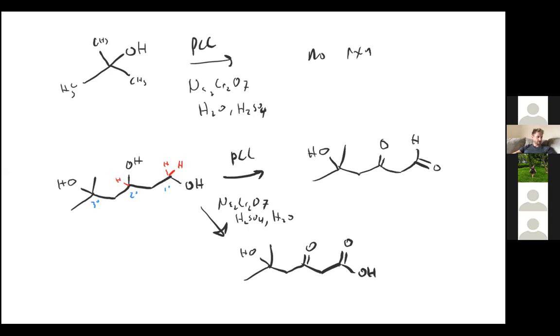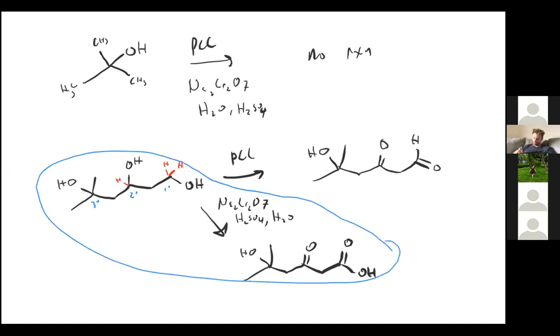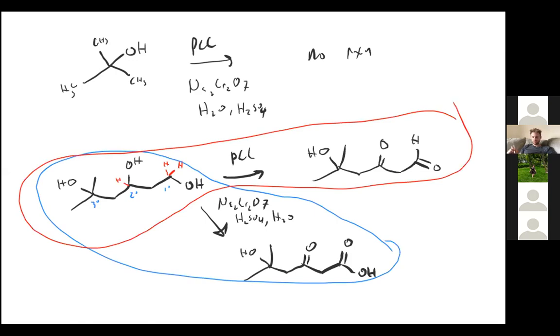All right, let's talk a little bit about alcohol as a leaving group. I'm treating this as 2 different reactions. So this would be one reaction over here. This would be a different reaction. I just didn't redraw the starting material.